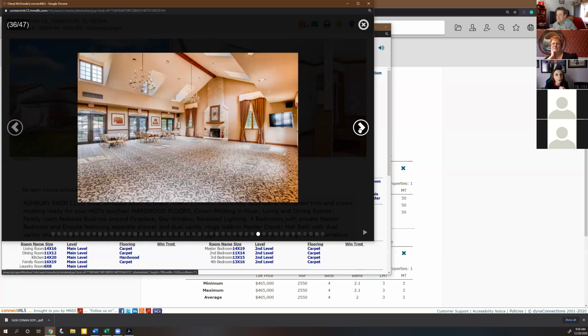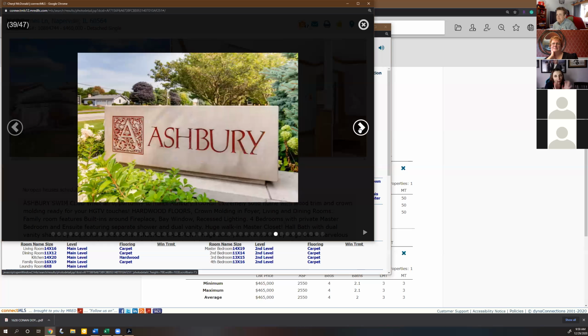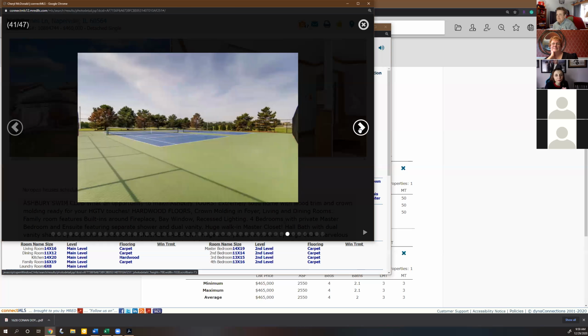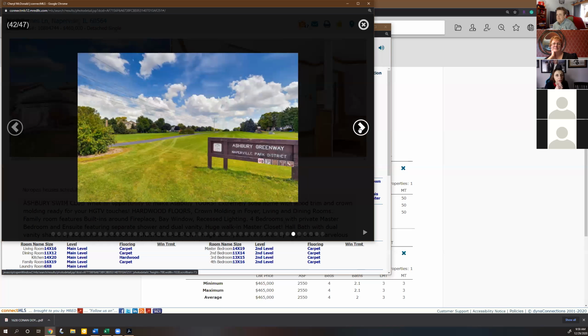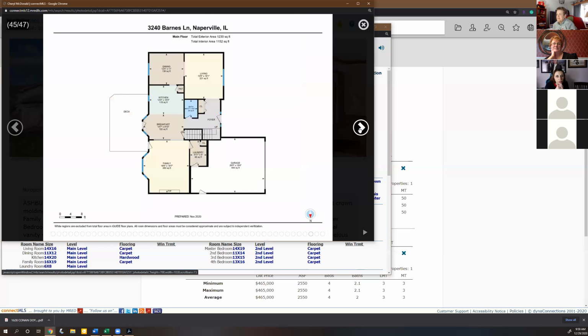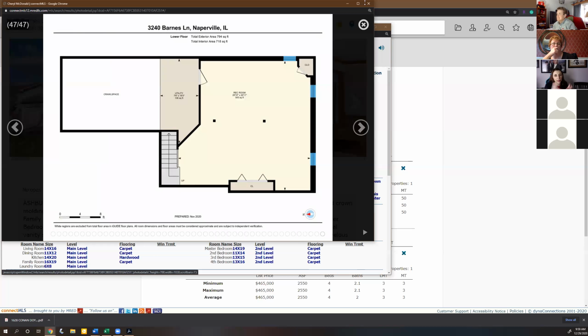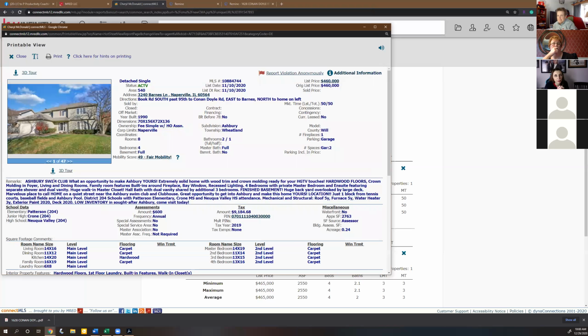But that's why I know about this subdivision. They did a good job of talking about the neighborhood. If you look at her remarks, the first thing is Ashbury Swim Club, and that's why it sold so quickly, because that's the first thing people saw.